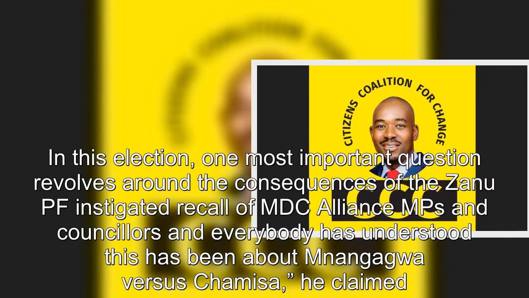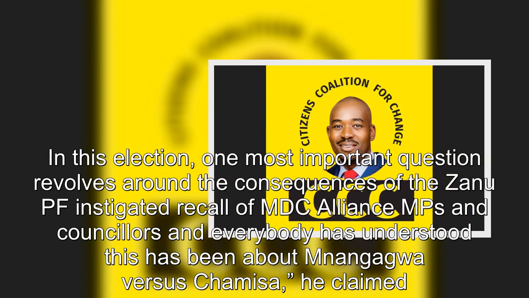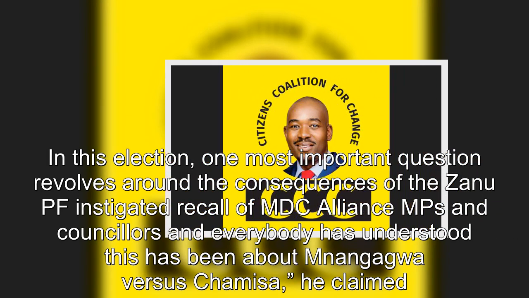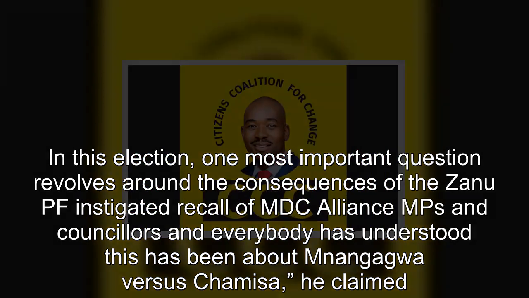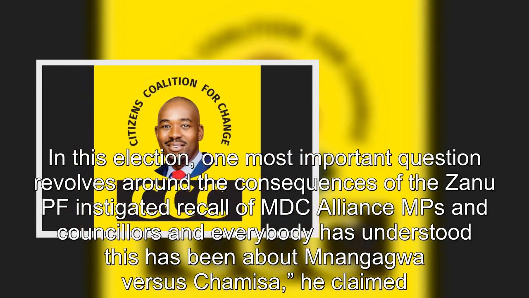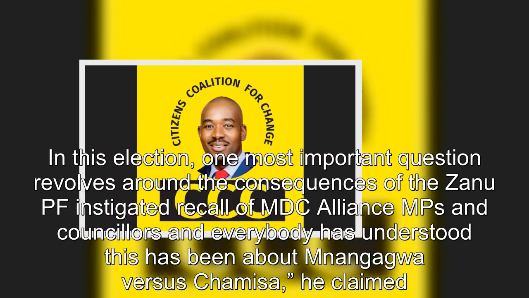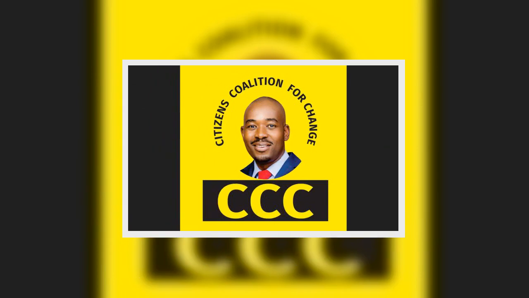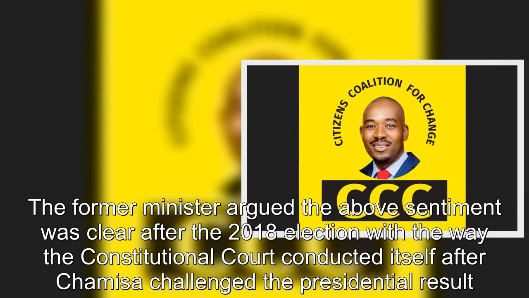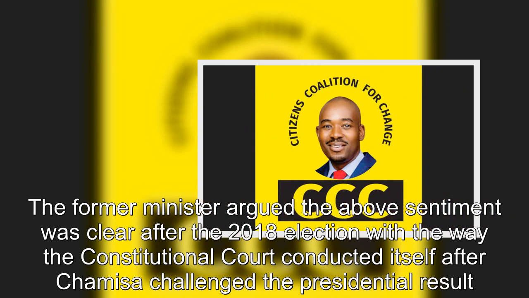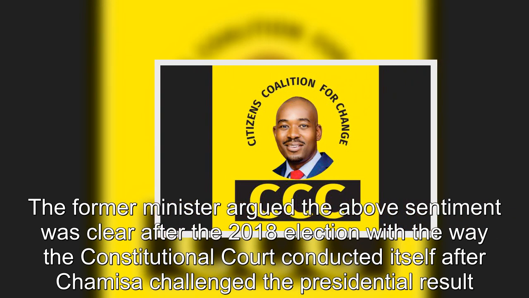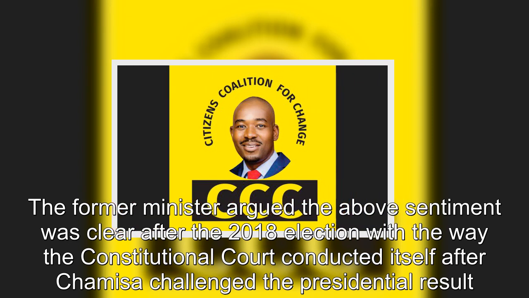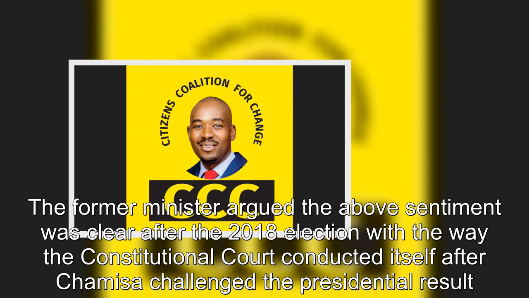In this election, one most important question revolves around the consequences of the ZANU-PF instigated recall of MDC Alliance MPs and councillors, and everybody has understood this has been about Mnangagwa versus Chamisa, he claimed. The former minister argued the above sentiment was clear after the 2018 election, with the way the Constitutional Court conducted itself after Chamisa challenged the presidential result.